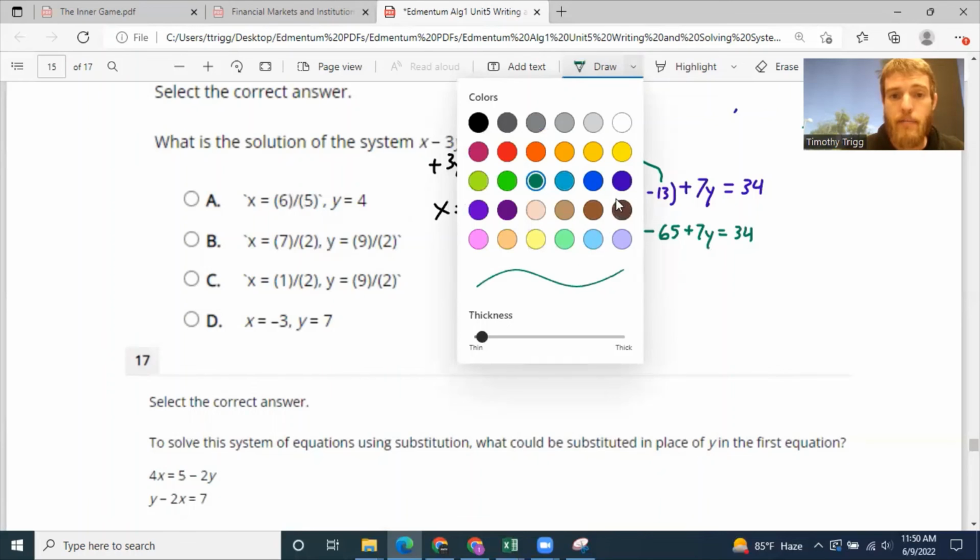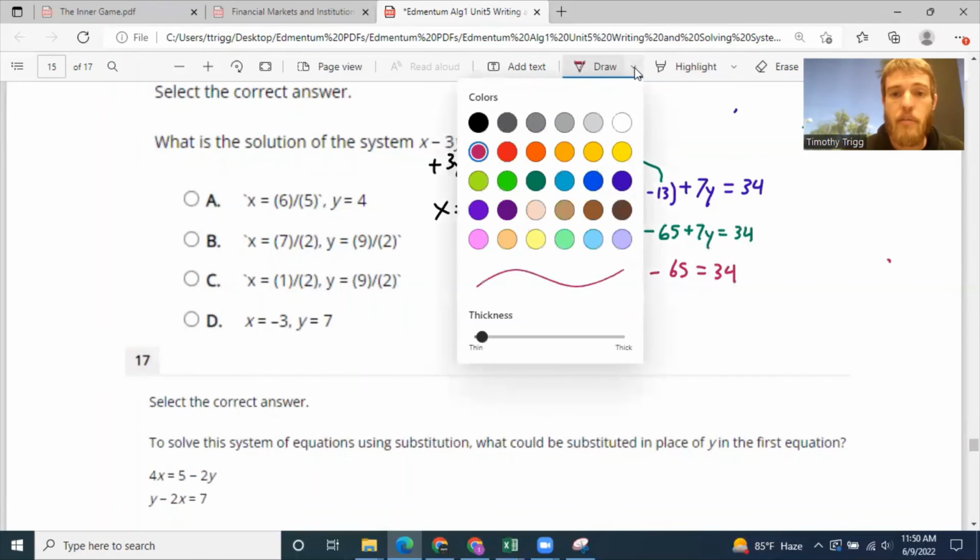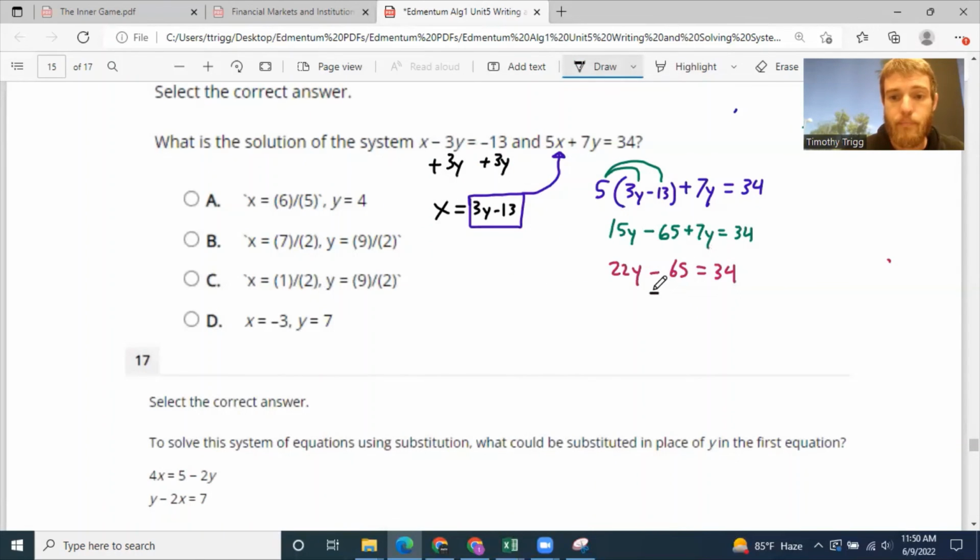We can combine the 15y with the 7y, giving us 22y minus 65 is 34. Add 65 to both sides of the equation, giving us 22y is 99.